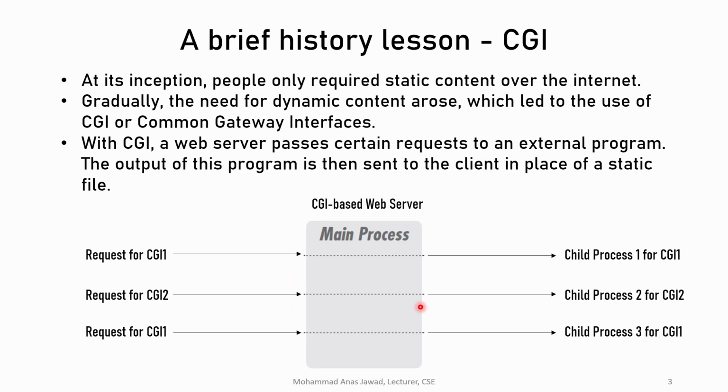So the main takeaway here is that for each new request that is coming to the web server, a new child process is being spawned, right? So even though I have a request for the same CGI program here, in this case CGI1, I had to spawn two individual or two separate child processes for them, right? So this is essentially the lifecycle of a CGI-based web server.